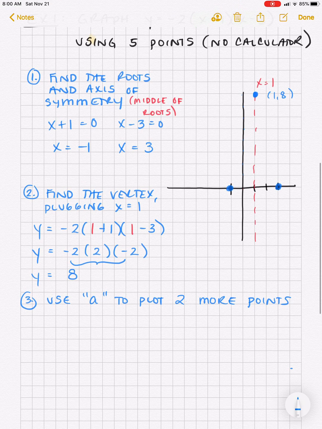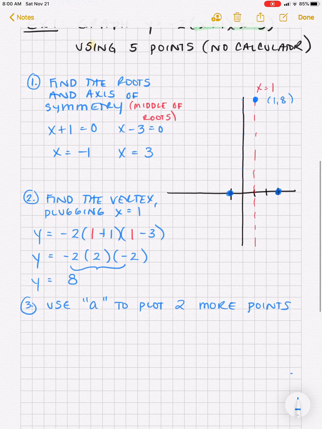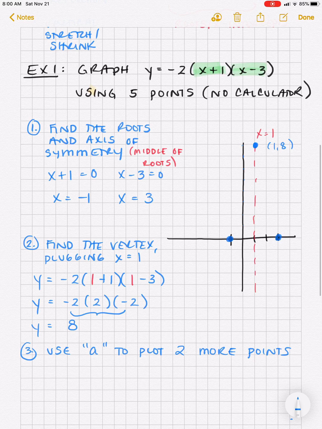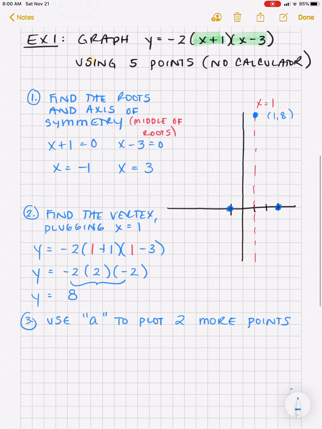Normally with a parabola we would go over 1 unit and down 1, but if the vertical stretch is 2, and we can see obviously that it's -2, which means we can already see that this parabola is going to open down, so we really didn't have to worry about that too much. If it normally goes over 1 and down 1 unit, then a vertical stretch of 2 means we're going to go over 1 but go down 2 units, and reflect that point over. So pretty easily here we can graph this parabola with 5 points without using a calculator.